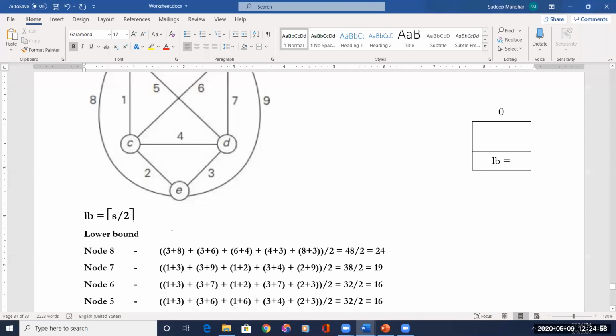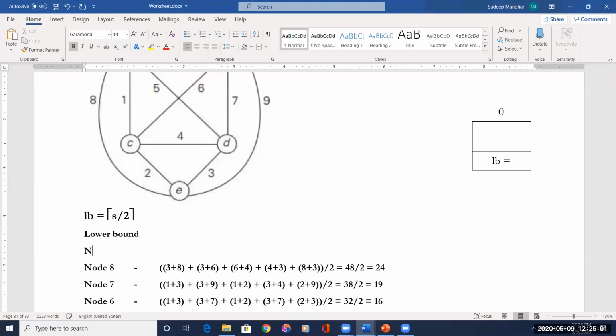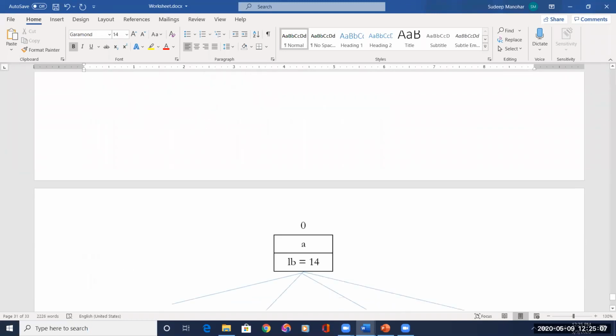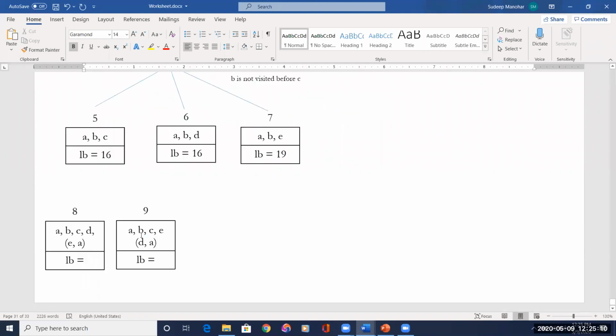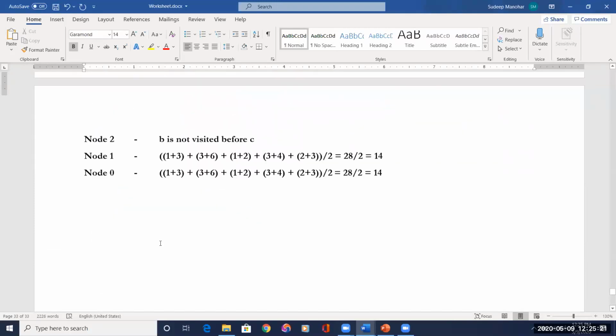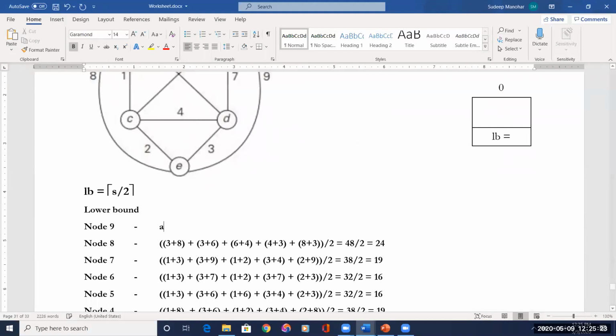Next is node number 9. What is the path selected for node number 9? For node number 9 it is A, B, C, E, D, A. I'll write this here so that it becomes easy for us to calculate.